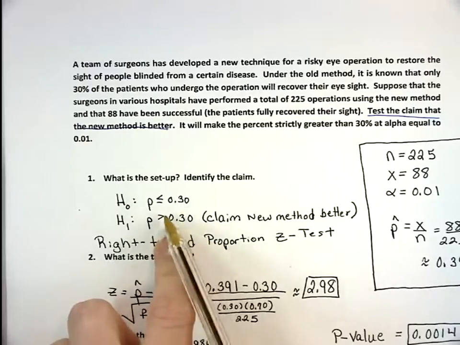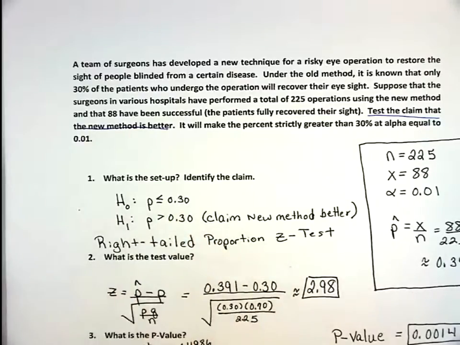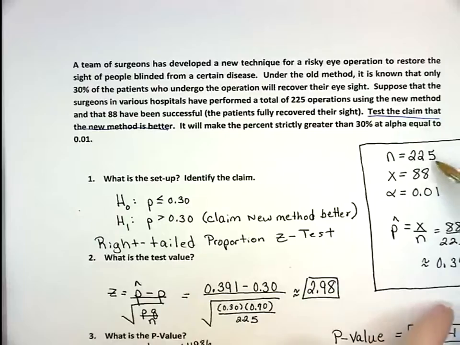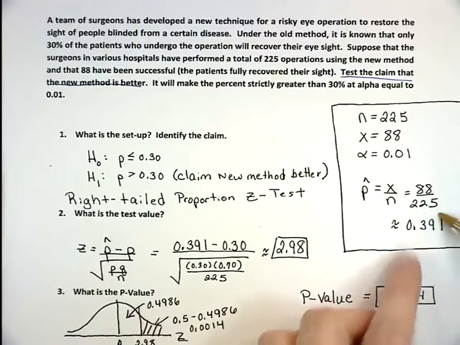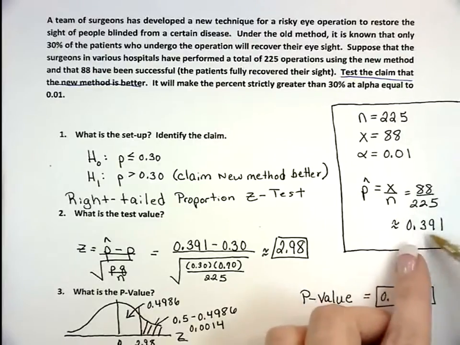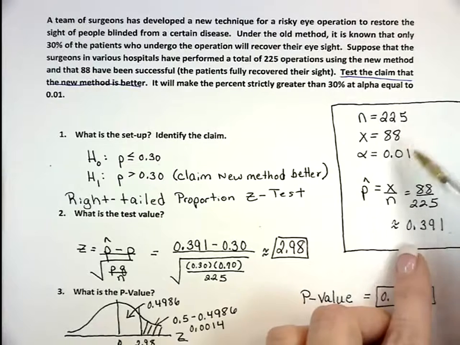So this is a right-tail proportion z-test. In the new surgery with the new method, 225 people were operated on, 88 people recovered their eyesight, and alpha is 1%. p-hat would be x over n, 88 out of 225. So in this sample, 0.391, 39.1% of this sample recovered their eyesight under the new method of surgery.